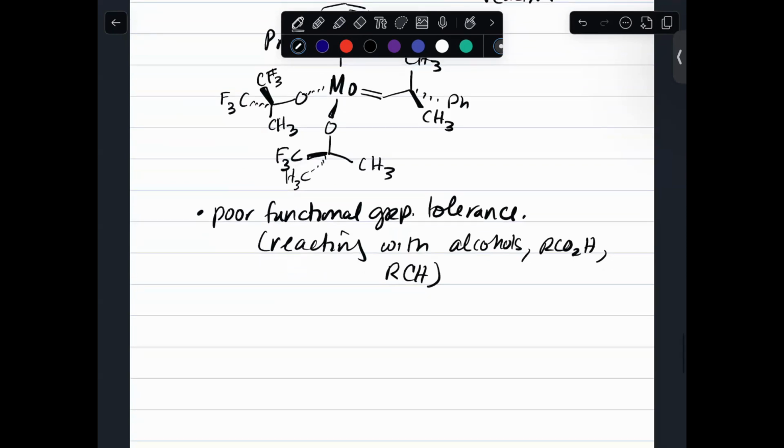Okay. The other problem with this catalyst is that it's super sensitive to air and moisture. And so you couldn't really run this reaction in a hood. It's not thermally stable.